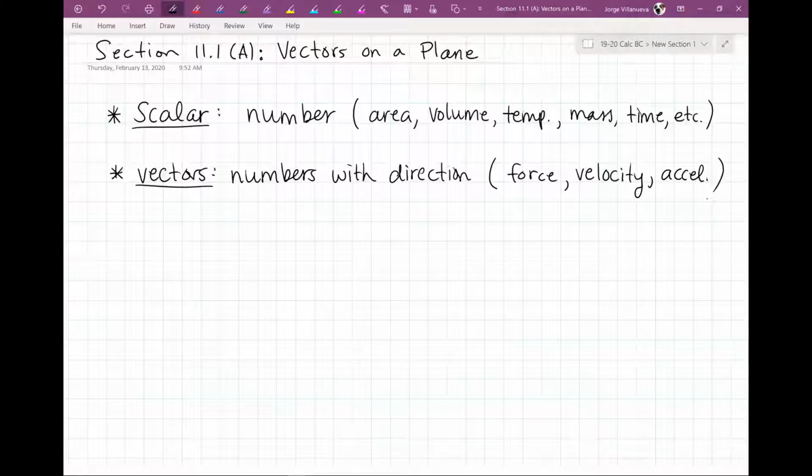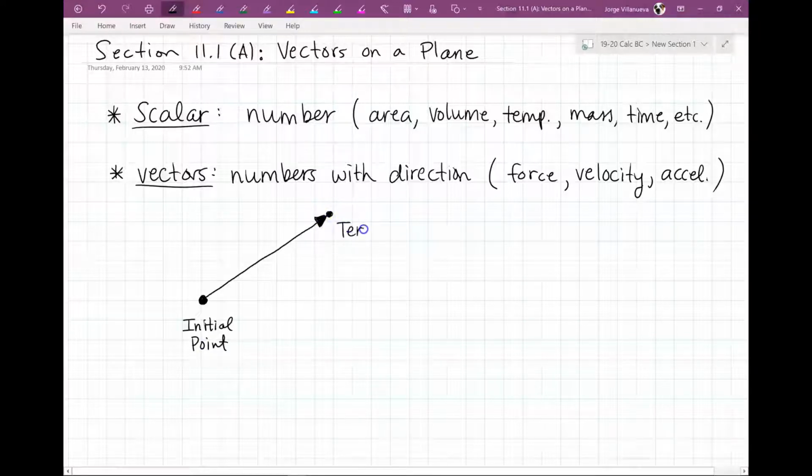So there's that. Usually they will draw stuff like this just to give us an idea of what a vector looks like. Let me draw this out. This usually is considered the initial point. And over here they would call it the terminal point.